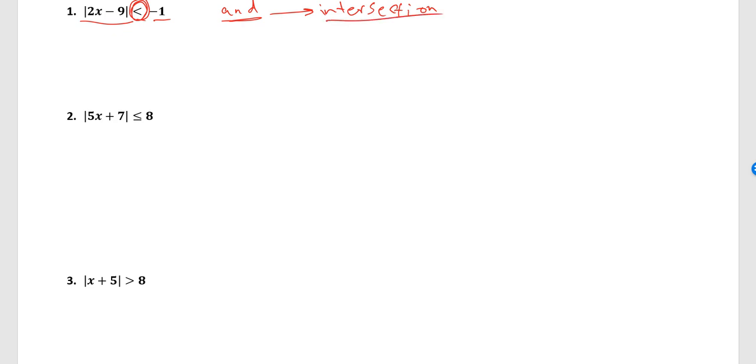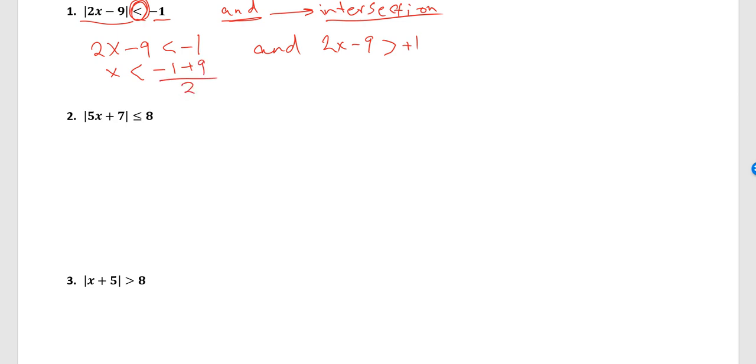So let's look at what we have. The first instance is 2x minus 9 is less than negative 1, right? And we have 2x minus 9 is greater than plus 1, okay? So if we solve, x is less than minus 1 plus 9 over 2.